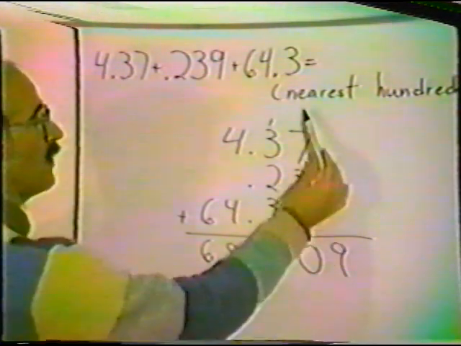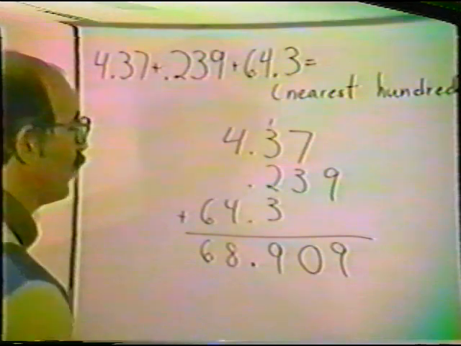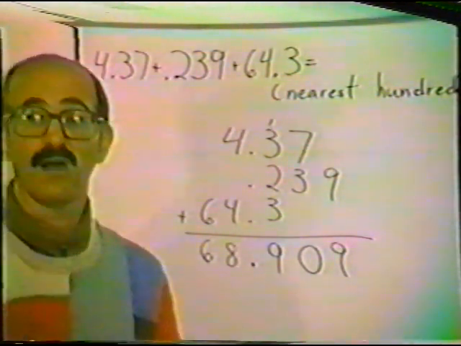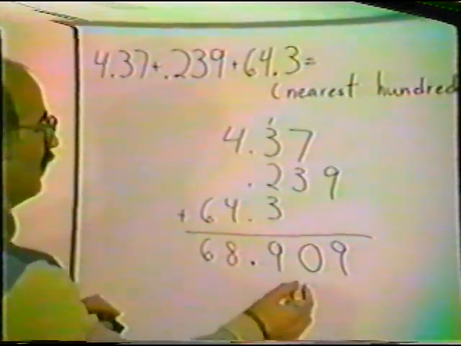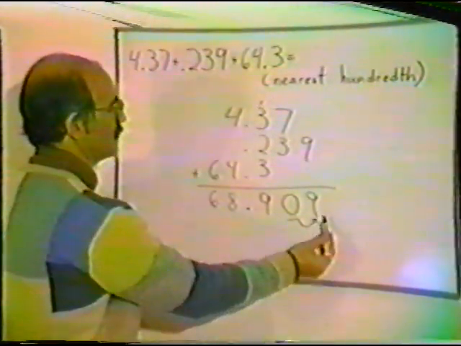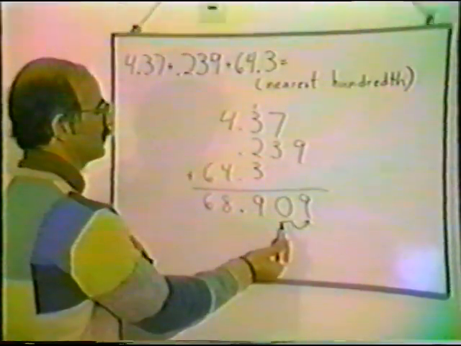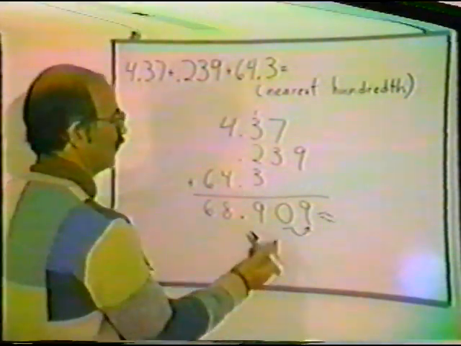It says to round it off to the nearest hundredth. Which number is in the hundredths place? The 0. The 9 tells us that the 0 does what? Goes up. And then it becomes what? 1.